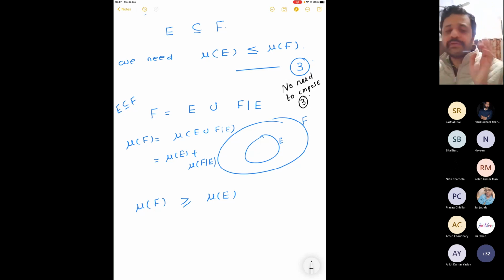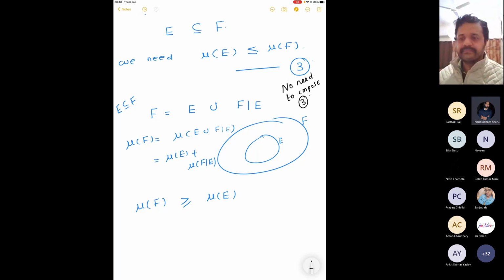But if you want to do all these things, I can measure E, I can measure F. Then I want to measure F minus E, because I am talking about mu of F minus E, right? And what is F minus E actually? F intersection E complement.